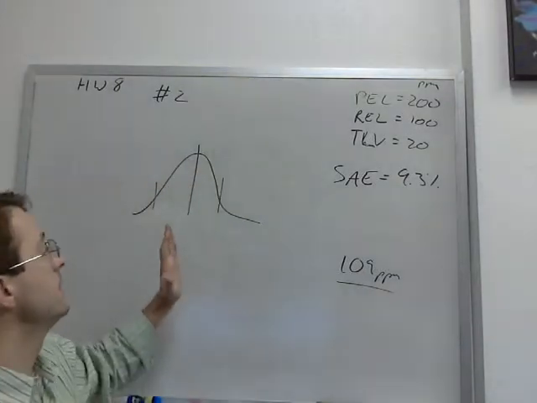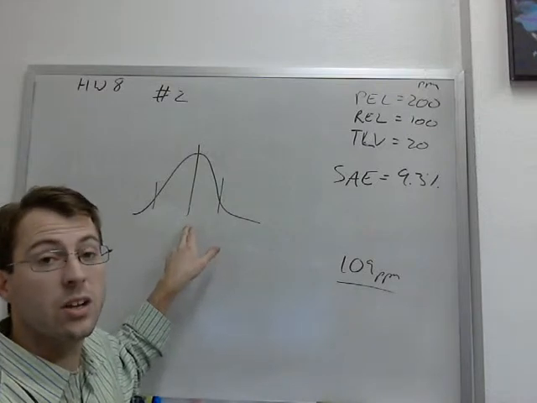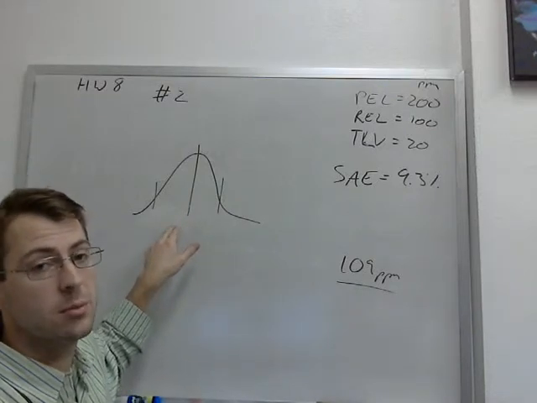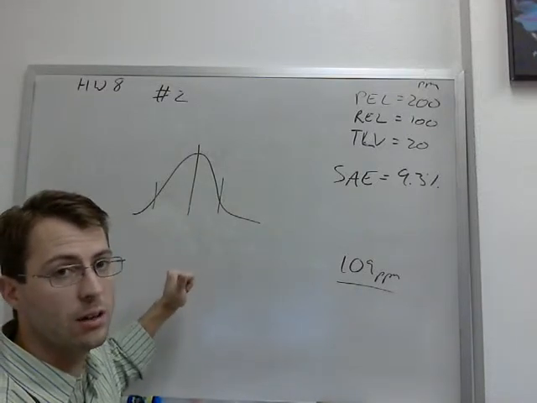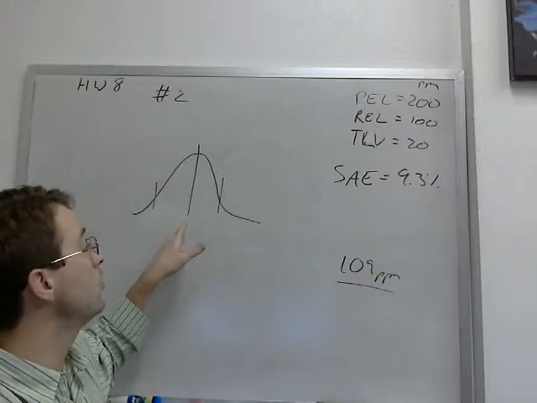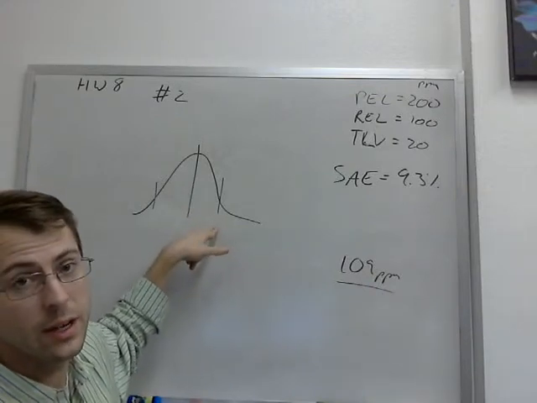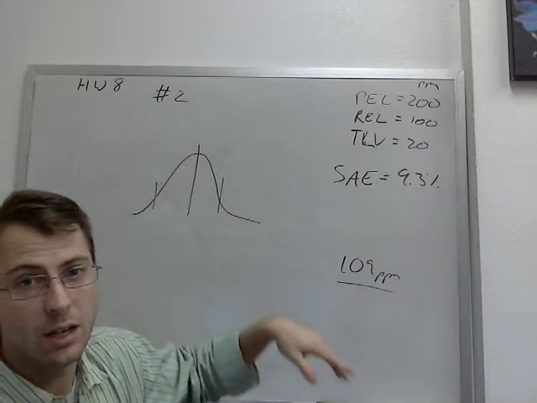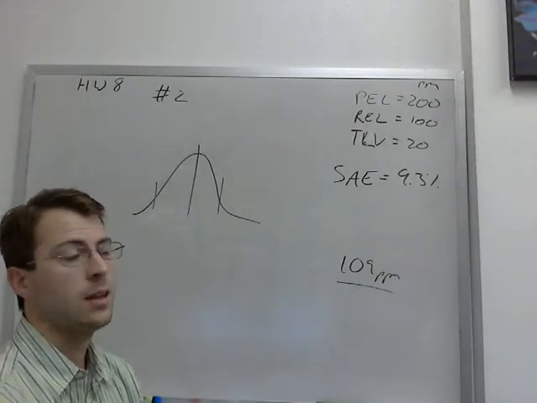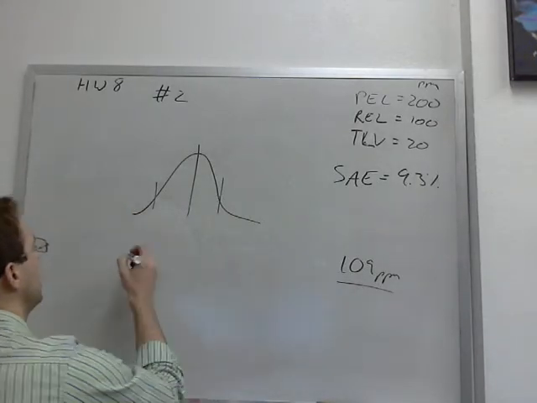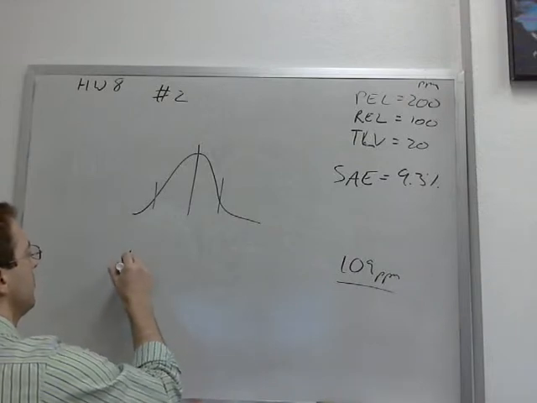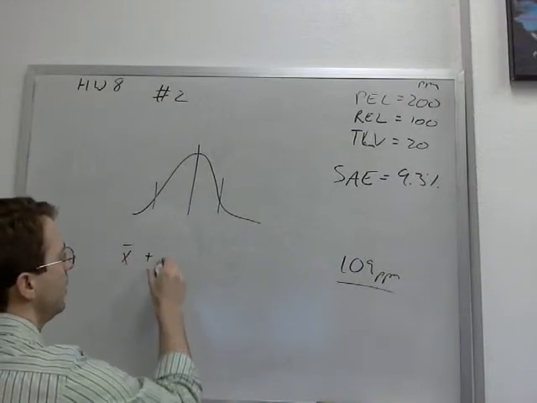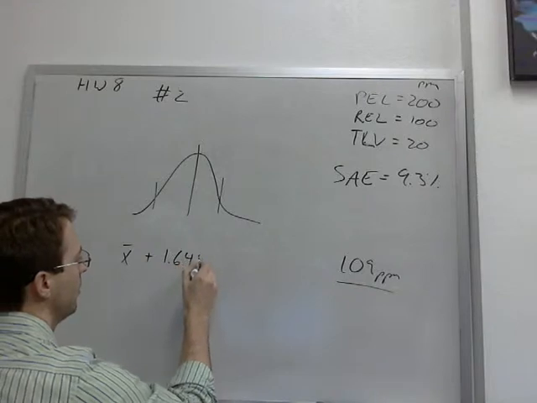So you recognize that this is a measure, but it could be that things were being sampled slowly or the lab was giving a low value. And so the real value could be all the way out here at the 95th percentile. So what you would do is you would say, we'll take the mean and then we'll add 1.645.